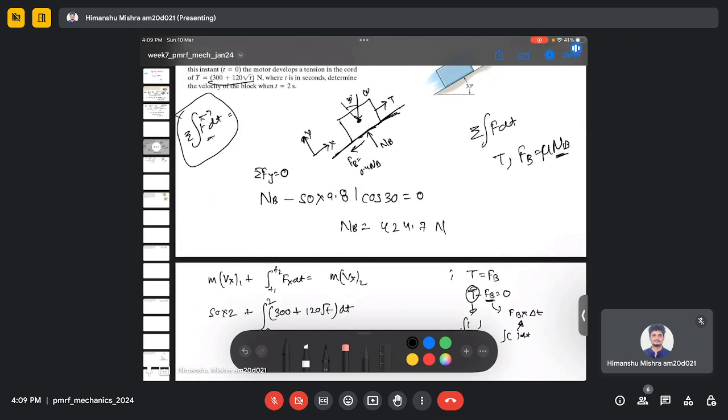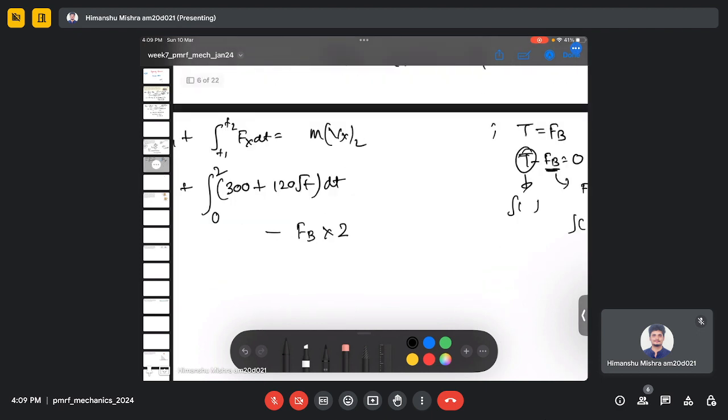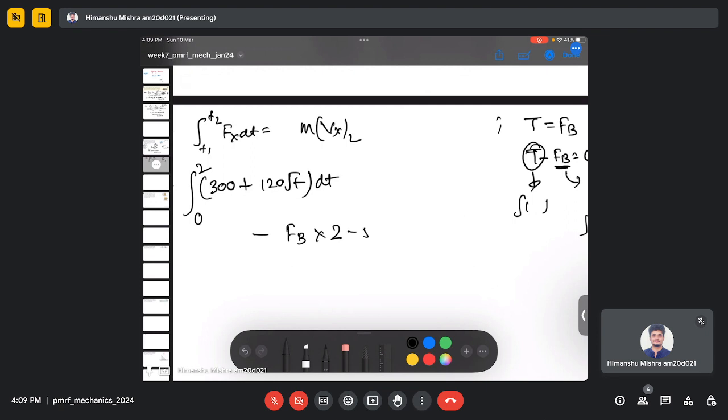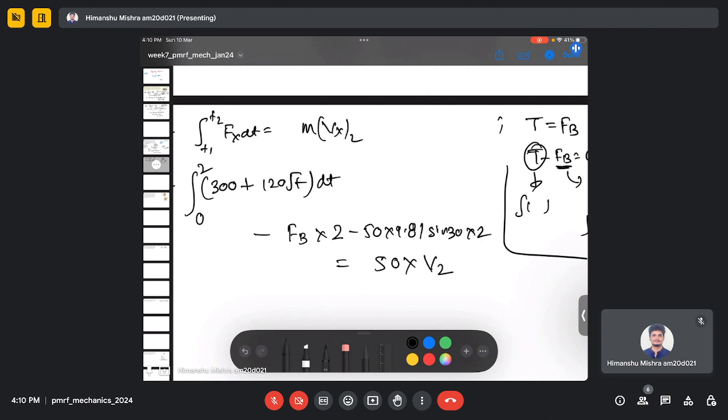And I can consider the component of weight also in the x direction. So this is my weight component multiplied by delta t, which is 2, equals m v2, where v2 is my final velocity.